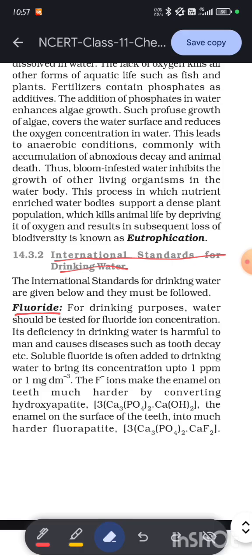Soluble fluoride is often added to drinking water to bring its concentration up to 1 ppm or 1 mg dm^-3.